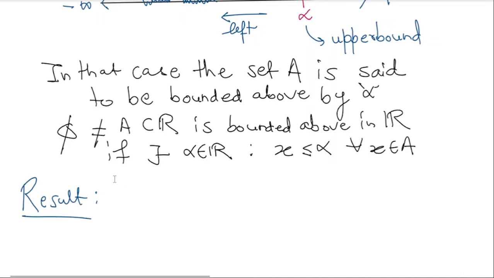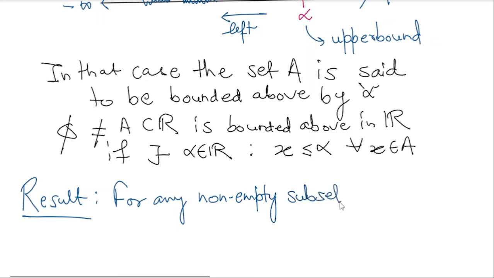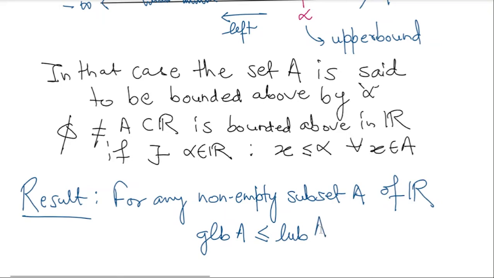So the result is: for any non-empty subset A of R, this should hold: the greatest lower bound of A is always less than or equal to the least upper bound of the set A. This is the result which I'm going to use while proving that. So this holds in general.